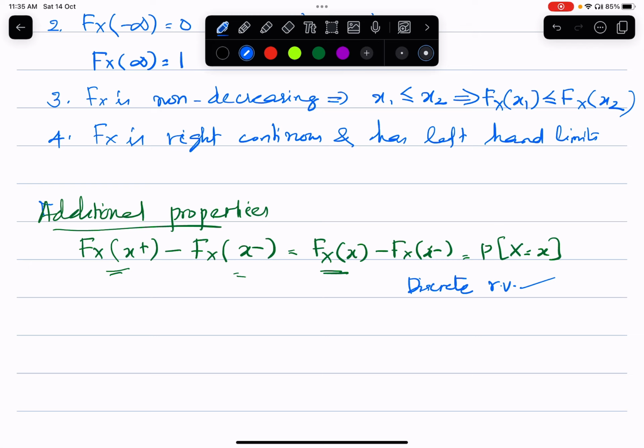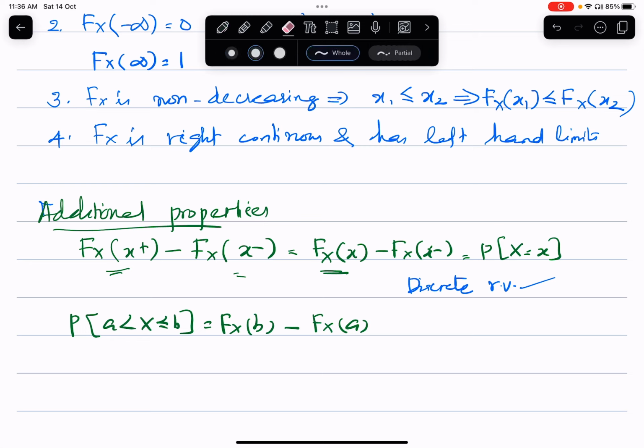And another property is probability of a less than X less than or equal to b is equal to F_X of b minus F_X of a. What does it mean if the random variable falls in between a particular range?